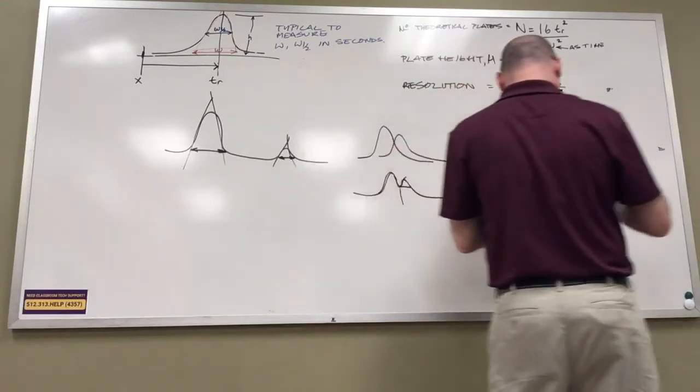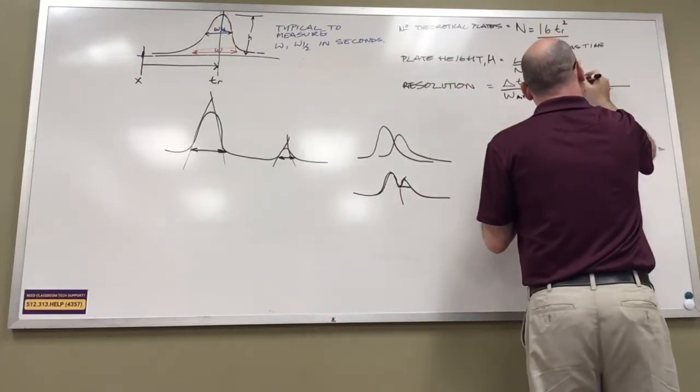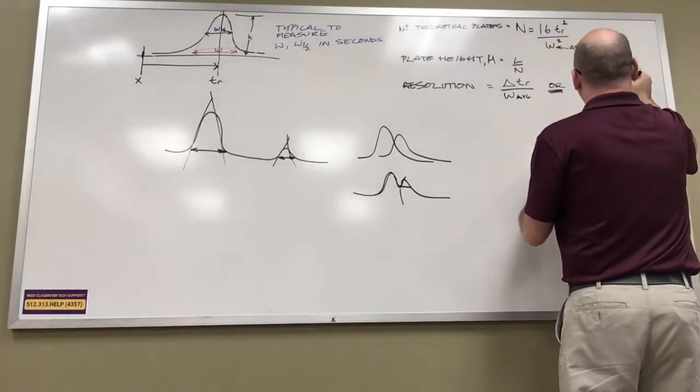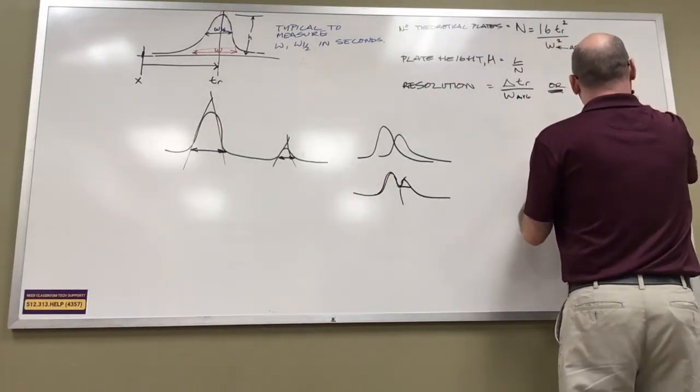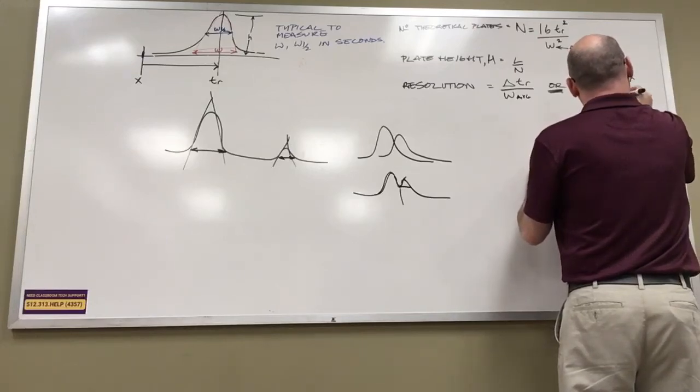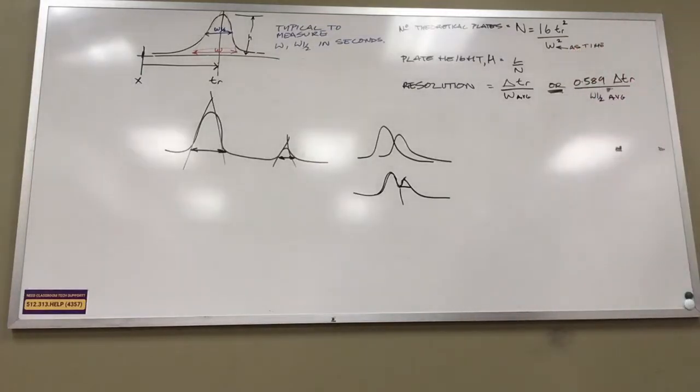Or I'm going to use 0.589 times the difference in retention times between the two peaks divided by the average width at half height.